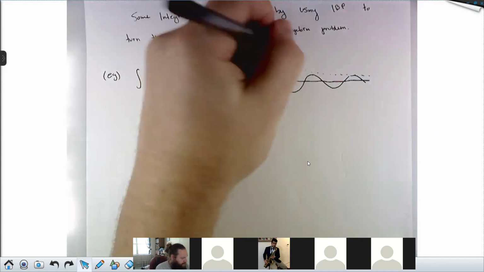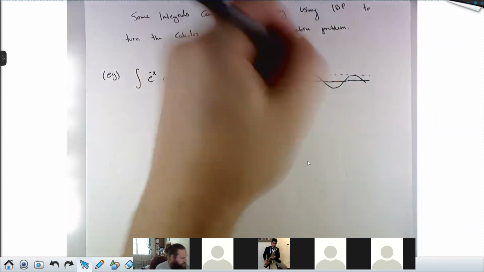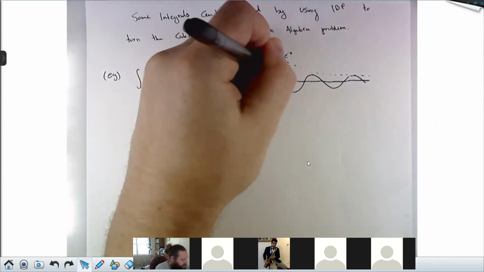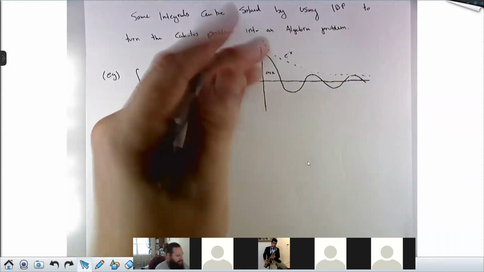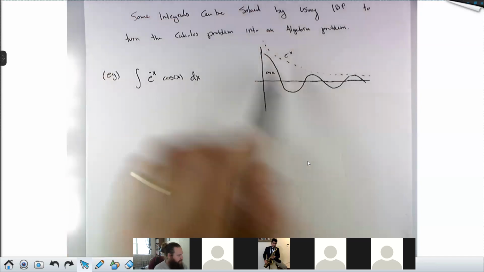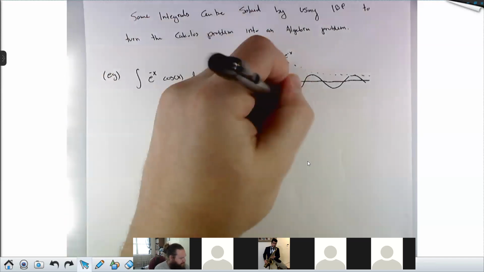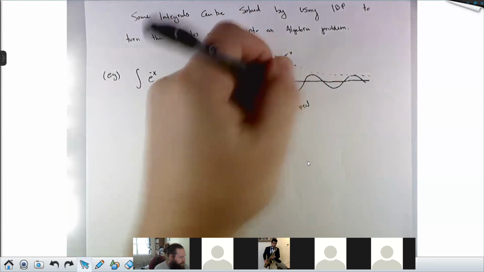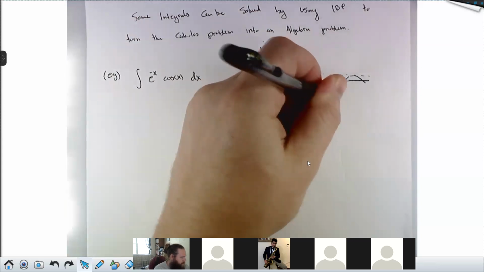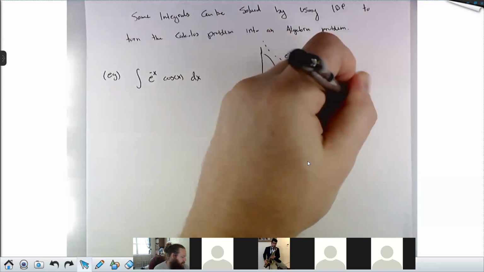So the dashed thing here is like e to the negative x, and this thing is like cos x. But the cos x wave is being squished down hard by the e to the negative x. This is called the damped harmonic oscillation.